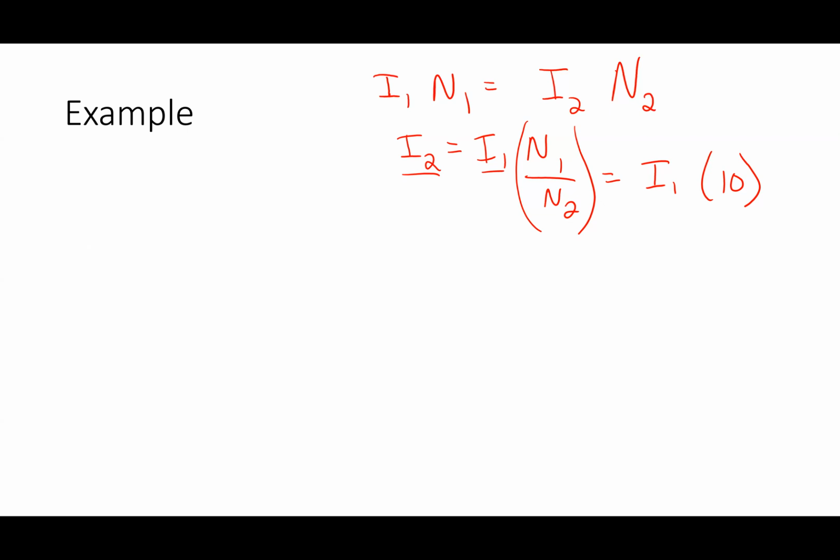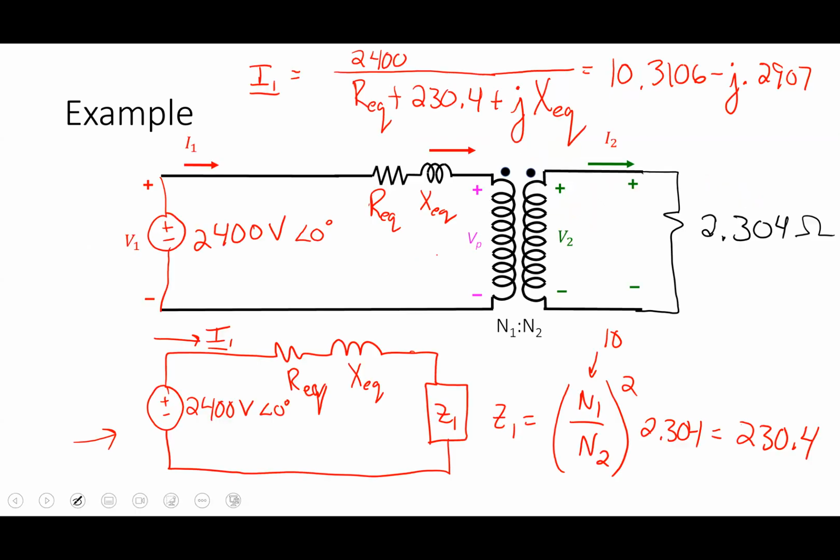So if I do that, I2 equals, with 10.3106, 103.106 minus j 2.907. Just a factor of 10 higher.